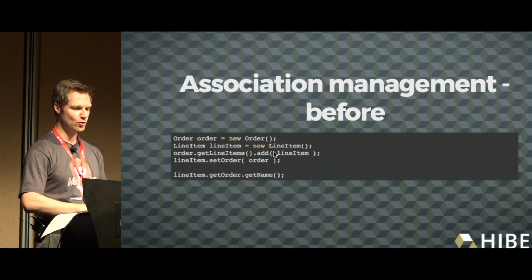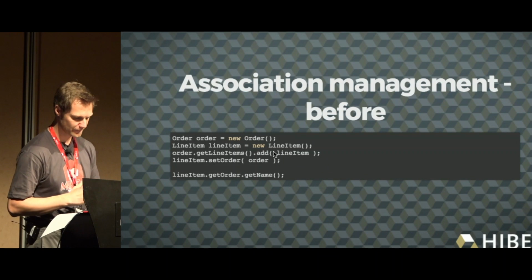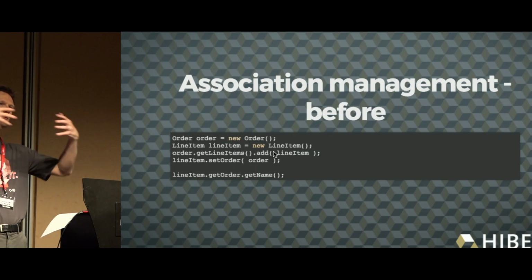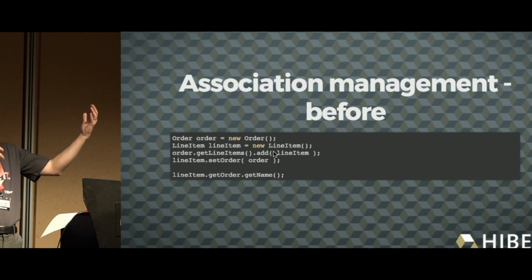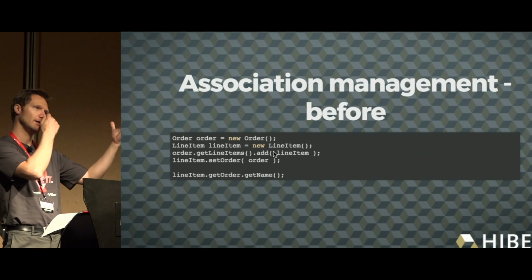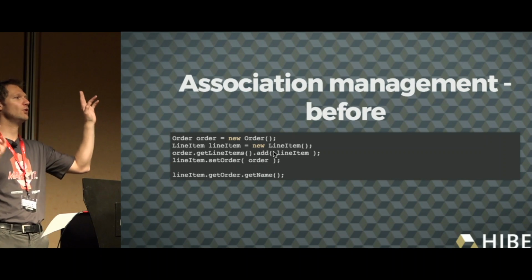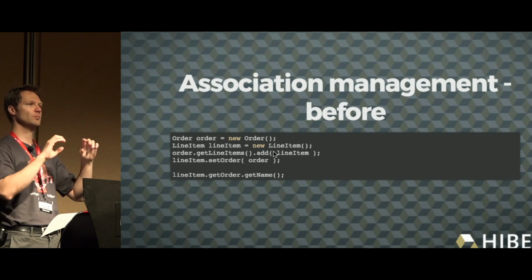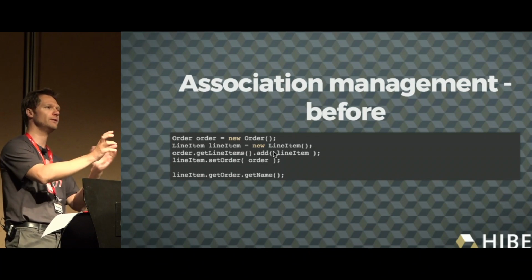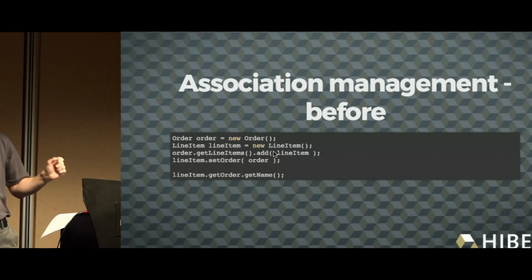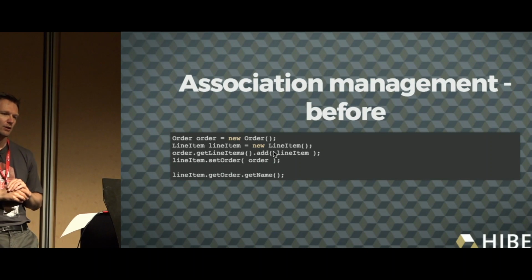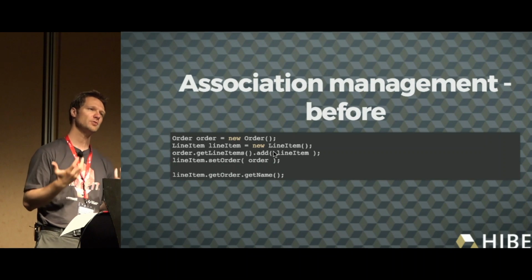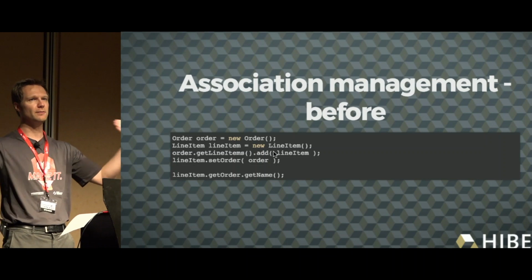The other one is a small but interesting one. In Hibernate, if you have a bidirectional relationship, first of all, there is one side that is the owner of the association, which means Hibernate will look at this side to know if you've changed the association and which ID to put in the foreign key column. But from an object point of view, what you should do is update both sides.